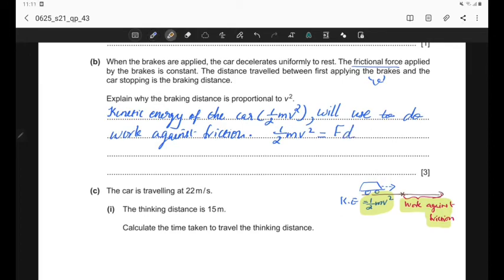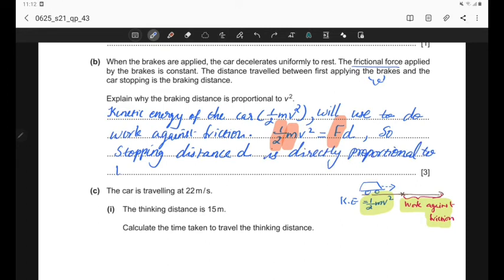Now when we look at this relation, half, mass and frictional force are all constant. Mass of the car is constant. Frictional force of the road is also constant. From this we can conclude that the stopping distance d is directly proportional to the square of the speed of the car, or v square.